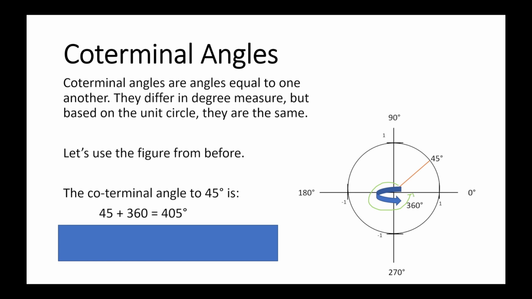If I add my original angle and 360 degrees, that means I've made a full pass around and I'm right back where I started at this orange, dark red line. So a coterminal angle is going to end up being exactly where my original angle is. The difference is just that I'm going around the entire circle. So the number gets bigger in this case, but they're in the same place, if that makes any sense.